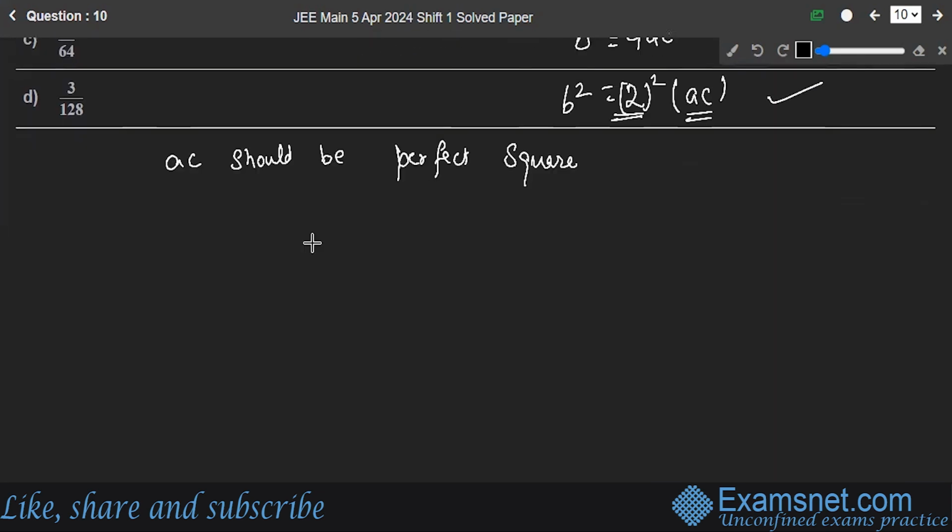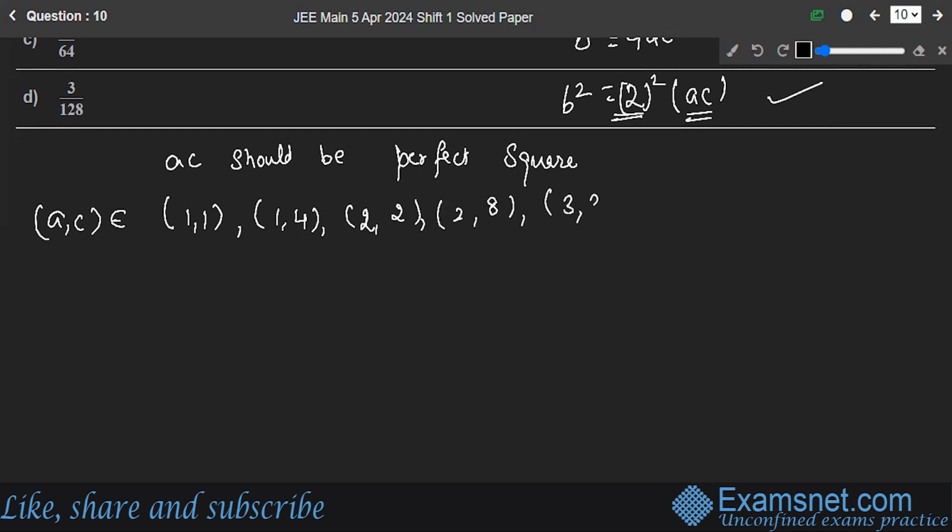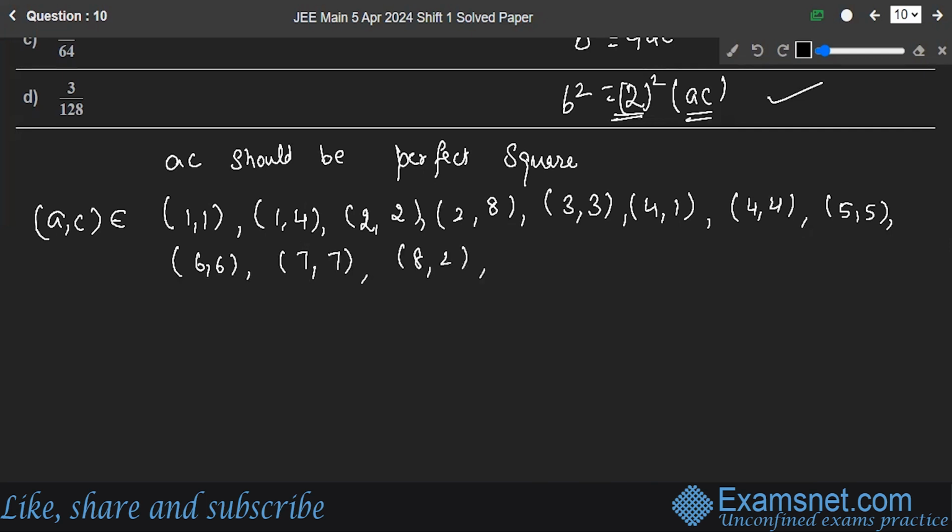Right? So what can a and c have as an ordered pair? 1, 1, 1, 4, then 2, 2, 2, 8, 3, 3, 1, 5, 5, 6, 6, 7, 8, 2, and 8, 8.